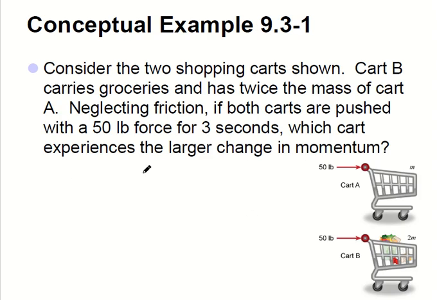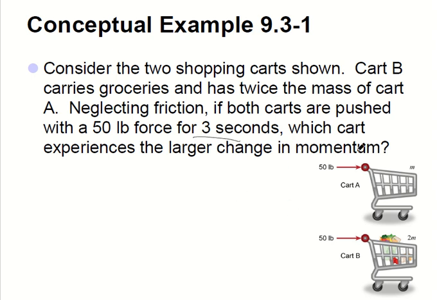Consider the two shopping carts shown here. Your cart B carries groceries and has twice the mass of cart A. Cart A has nothing in it and cart B has a lot of groceries. Neglecting friction, both carts are pushed with a 50-pound force for about 3 seconds.